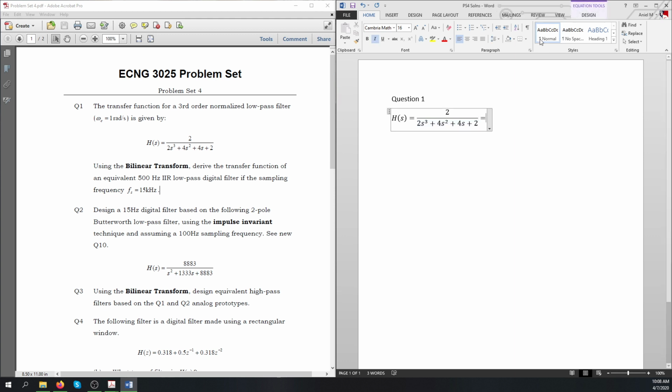Immediately we can see that if we factorize 2 from the numerator and the denominator, we can reduce this into a simpler form. So this entire thing can reduce down to 1 on the numerator, because we're extracting 2 from the numerator and the denominator. The s cubed will become 1, this will become 2, this will become 2, and this one here will become 1.